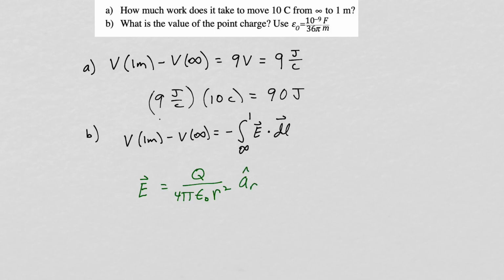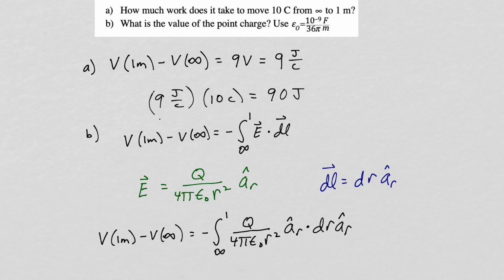Since the integrand is E dot dl, we will only get a contribution to the potential when we're moving in the radial direction. So our differential length to use will be just dr in the r direction.